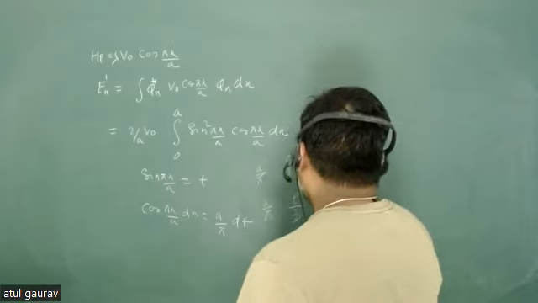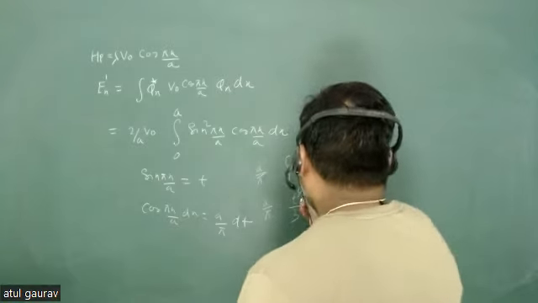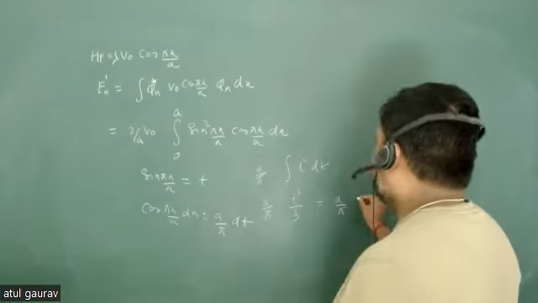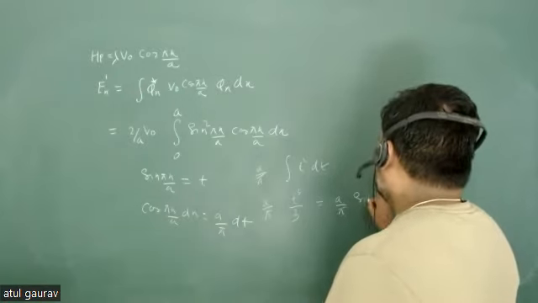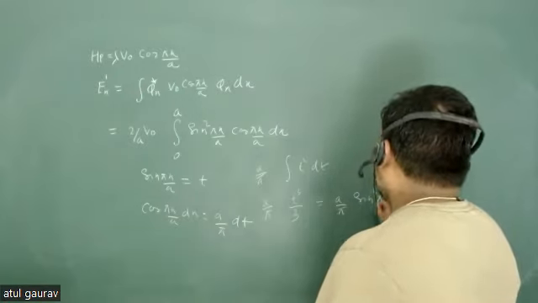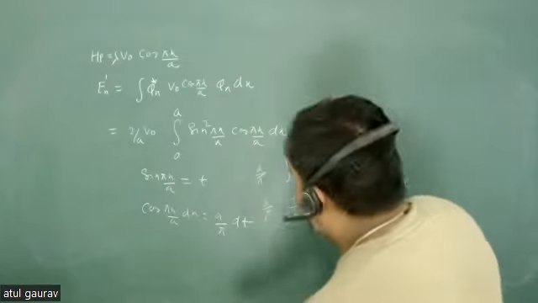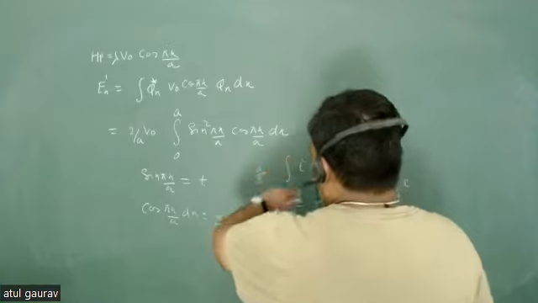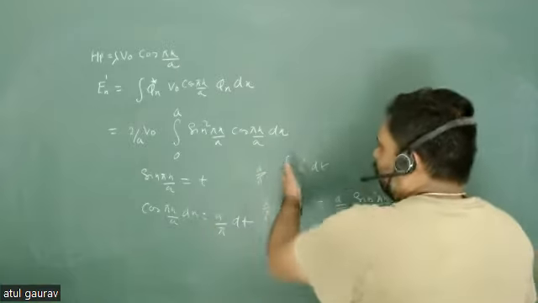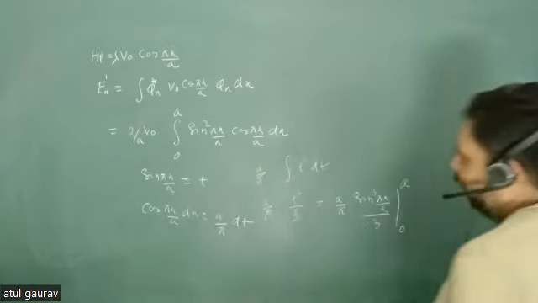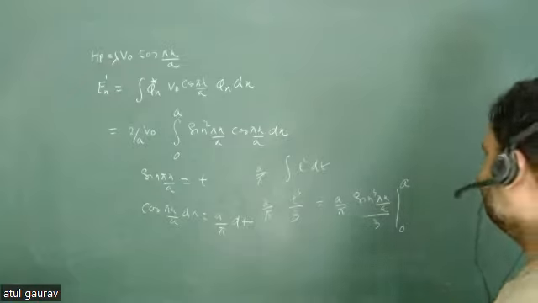And now this value, A upon pi and t cube by 3, is basically sine cube pi x by A by 3. Now I can put 0 to A, because it will be very uncomfortable to have 0 to 0, isn't it? So now you can put it, that value is 0, isn't it?